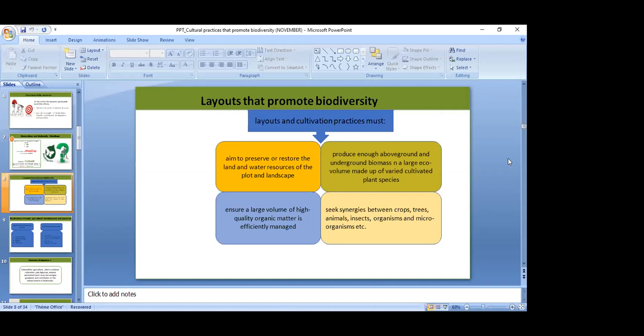When you are embarking on the layout on your plot of land, you must remember that whatever plant you are planting must have the capacity to retain the microbes, the biomass, in the soil. Leguminous plants do that a lot.